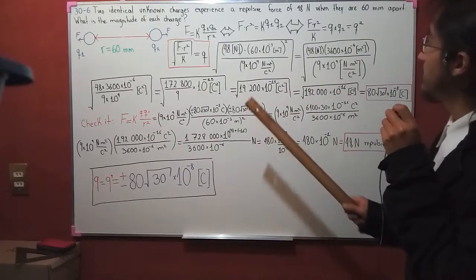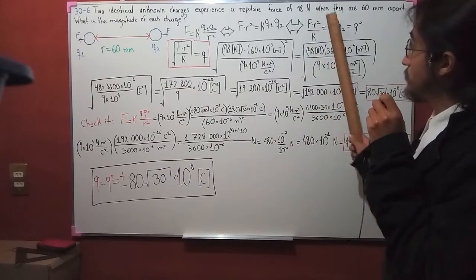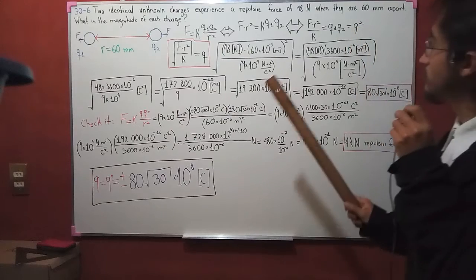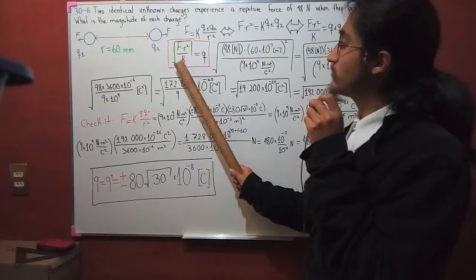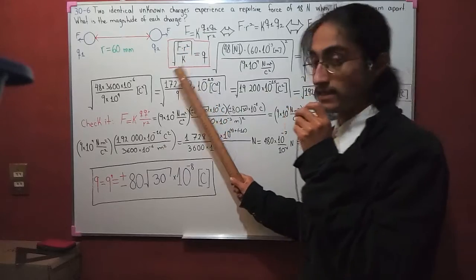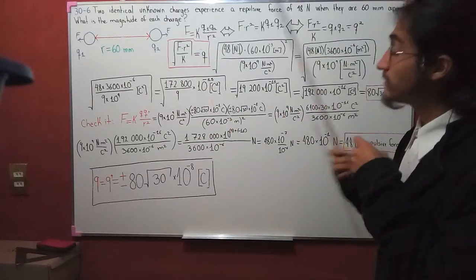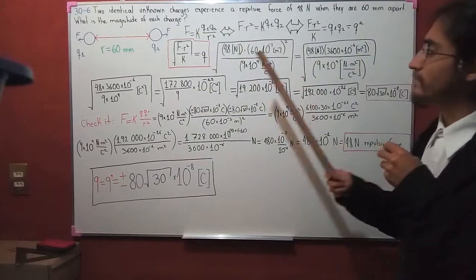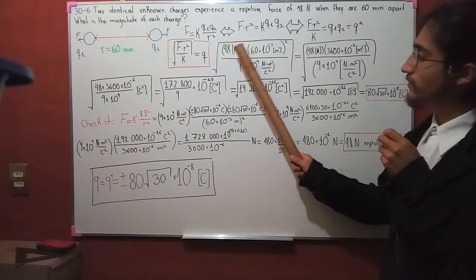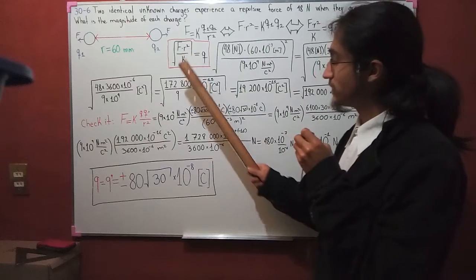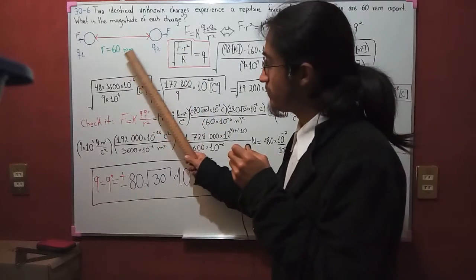So, applying the square root to both sides of this equation, we get the square root of F multiplying R squared divided by K equal to Q. Now, the square root of 48 Newton multiplying R squared, where R is 60 millimeters.